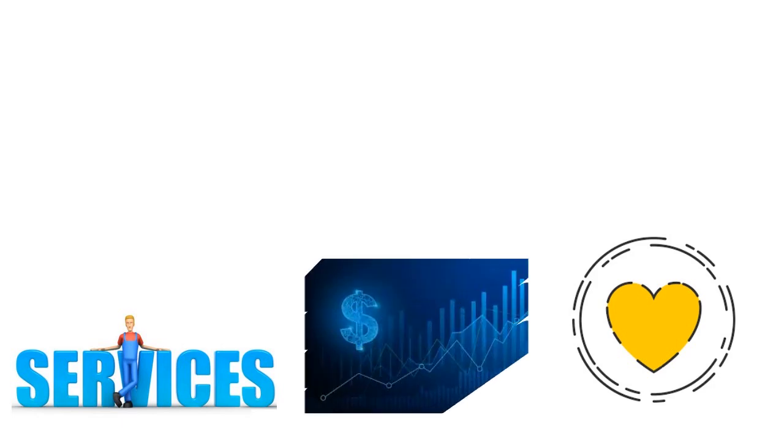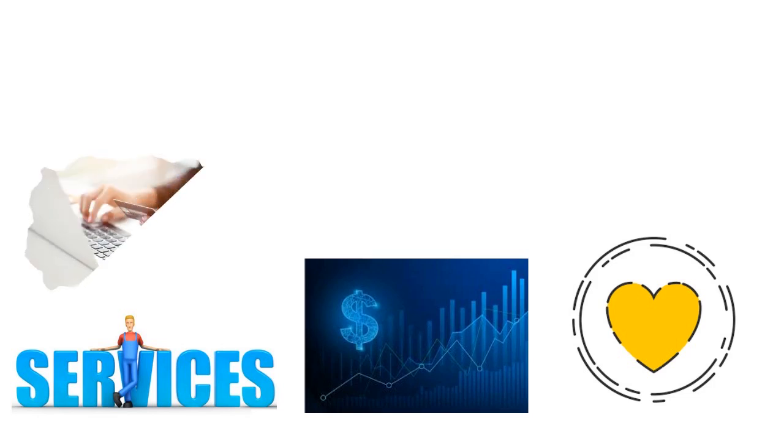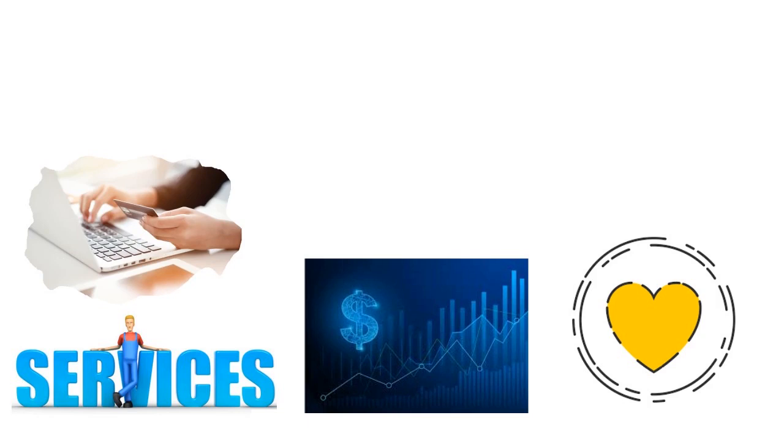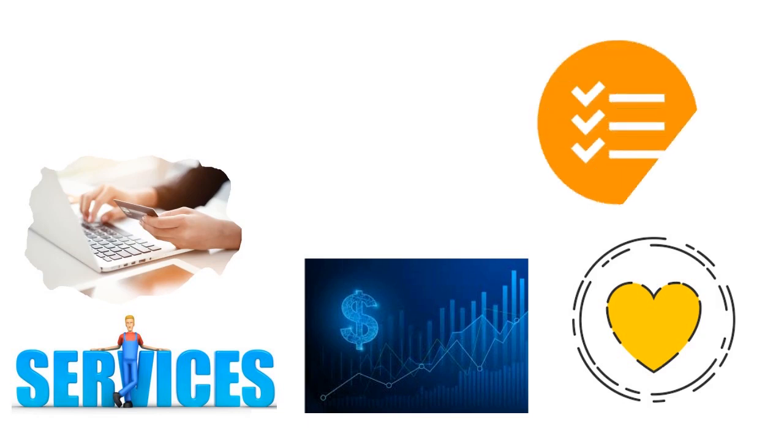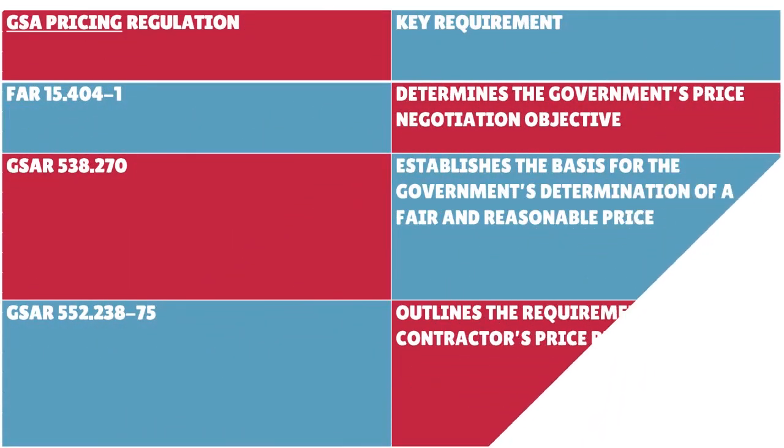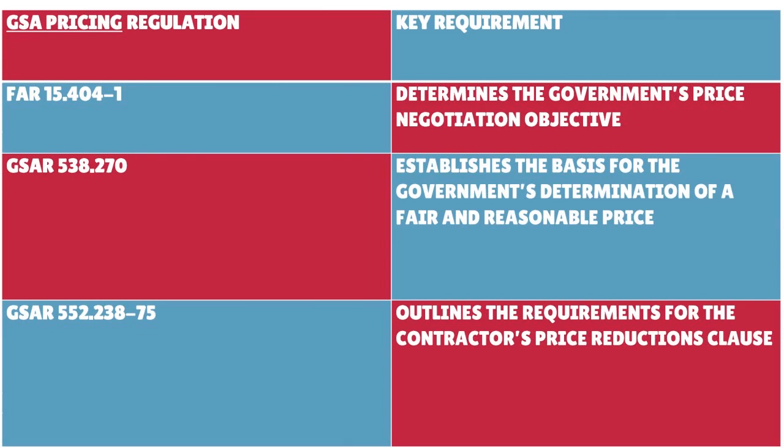You want to be the most favored customer when it comes to pricing and other processes as well. Be prepared to negotiate discounts based on volume, prompt payment, or other factors that may qualify for reduced rates. And you want to maintain detailed records and documentation to support your pricing approach and any proposed discounts. So I'm showing you on the screen here three important regulations and what the key requirements are.